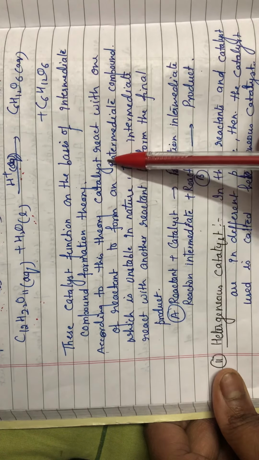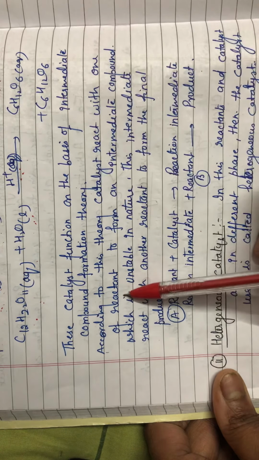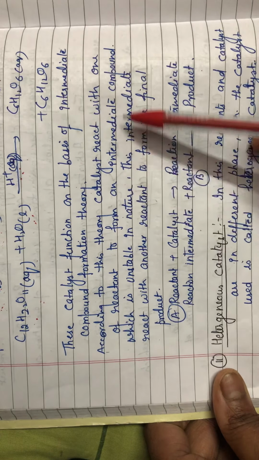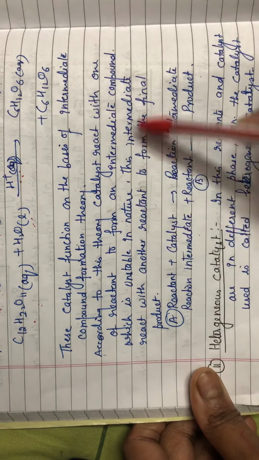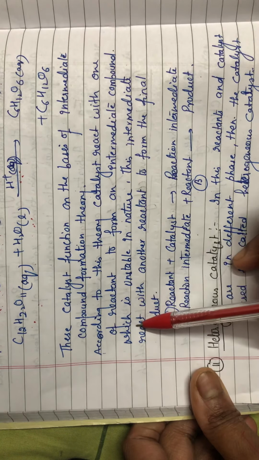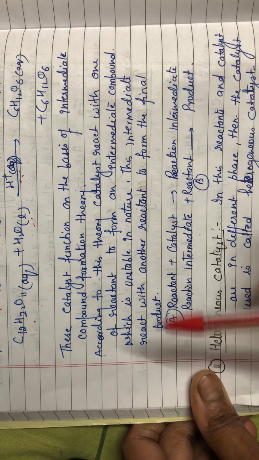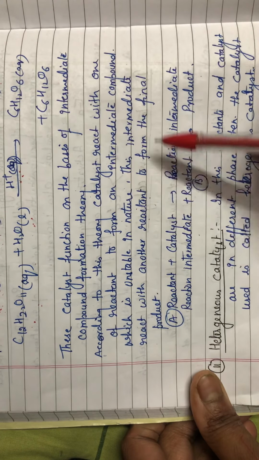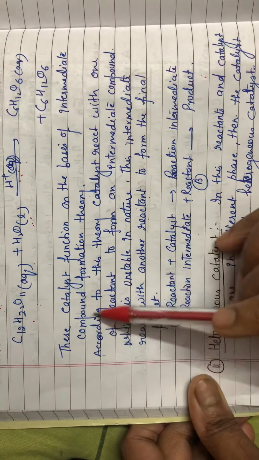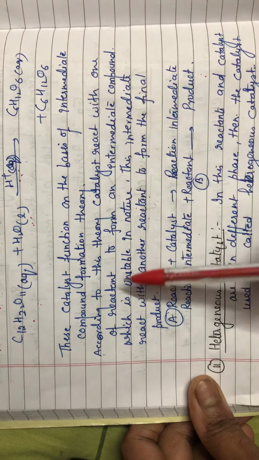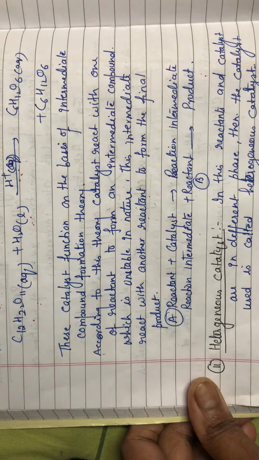What is this theory? It means that the reactant first reacts with the catalyst and forms a reaction intermediate. This reaction intermediate then reacts with another reactant and finally forms the product. According to this theory, the catalyst first reacts with one of the reactants and forms the reaction intermediate. This intermediate is unstable in nature and it will further react with another reactant and finally form the product. So the homogeneous catalyst works on the concept of reaction intermediate formation.